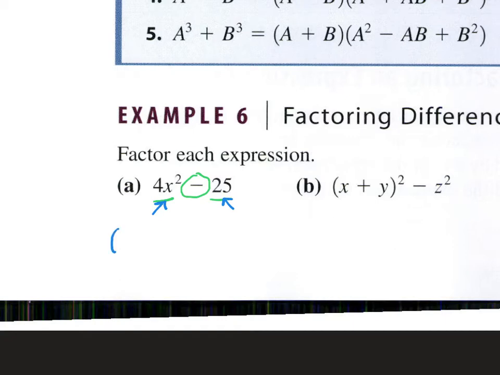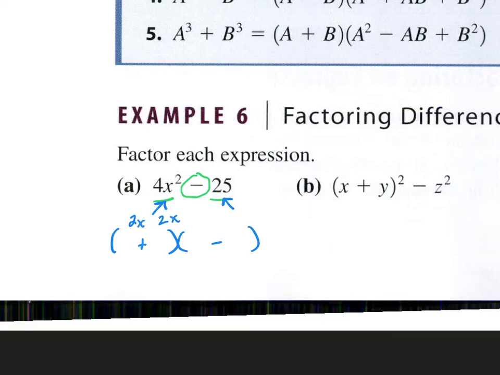Difference of perfect squares, you're going to have the same terms in your binomials, but you're going to have different signs, one positive and one negative. Doesn't matter where you put the positive or negative, but what are the two terms that I'm going to have here? What times what gives me 4? 2. So I have 2 and 2. What times what gives me x squared? X and x, right?